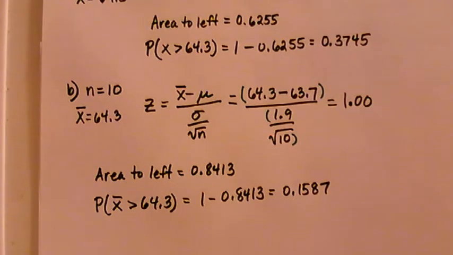So in this case, the probability that 10 randomly selected women will have a mean height greater than 64.3 inches would be 0.1587.